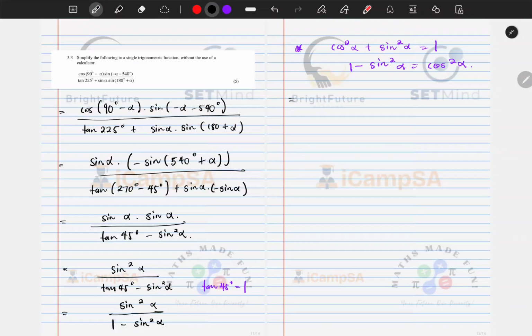Therefore, I'm going to have sine squared alpha all over cos squared alpha. And remember, what do we know? Your sine theta over your cos theta is the same thing as your tan theta. So therefore this is going to be tan squared alpha, and then you have your 5 full marks.